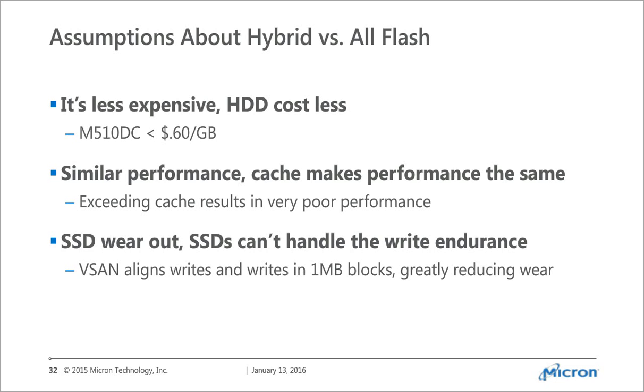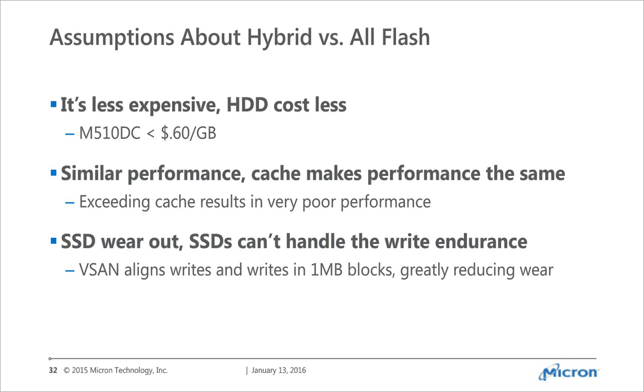The other thing is that these are not the first generations like John had mentioned, where people were concerned about, oh, I'm going to burn a drive out. Well, when you build a vSAN, you've got your high endurance drives, and then you've got your read optimized drives. Plus, with the added benefit of how vSAN writes and reads drives, these drives are written in a certain way. Normally, everything is rated against a 4K block. vSAN tends to write at a 1 meg block, which makes the endurance go through the roof.